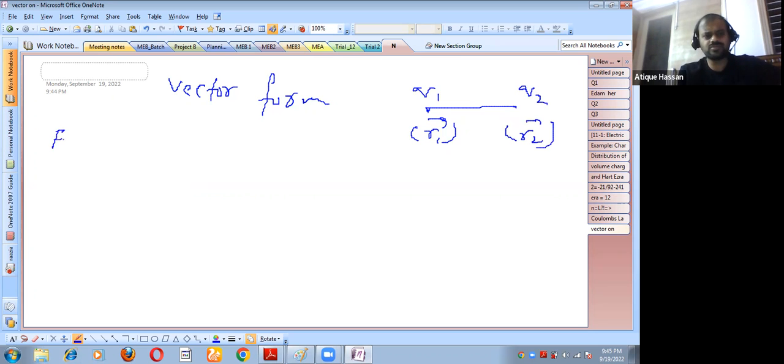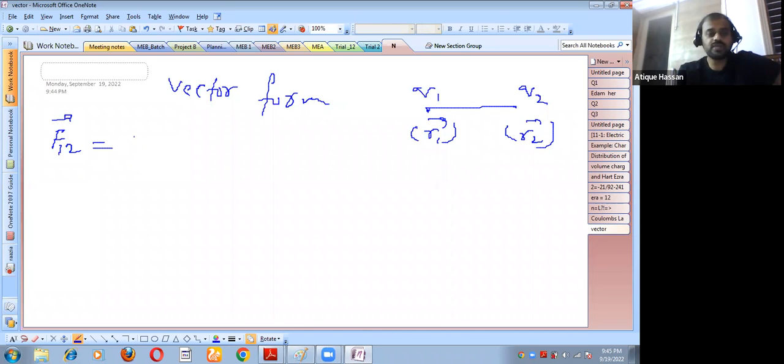Generally vector form is not used in solving questions. Generally in board exams, sometimes they may ask you to write the vector form of Coulomb's law, but we will use the basic formula 1 by 4 pi epsilon naught q1 q2 by r square.